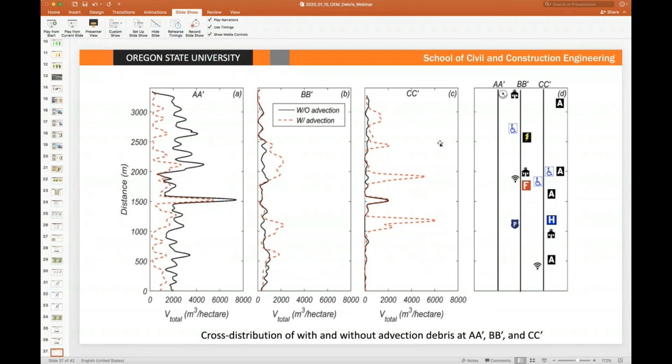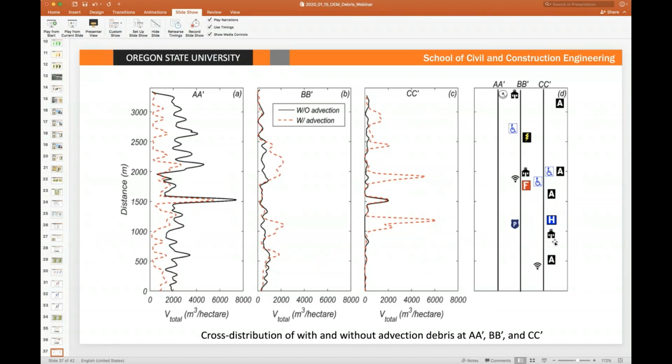And if we look at CC prime, for example, this panel, this is where we're showing, again, these kind of hot spots where you get these really big red blips. That's like those hot spots that we were looking at on the map. And again, it's just showing you between black to red: initially I had no debris, now I've just got a huge volume of debris.